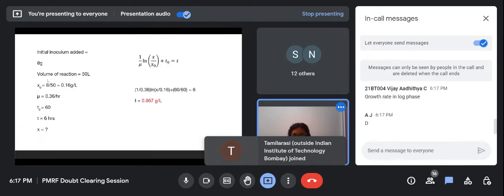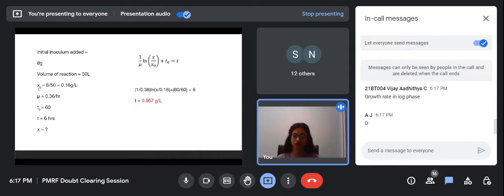The initial concentration of cells is not given directly; they've given you a lump sum, 8 grams and 50 liters, but that is not the concentration. So to get the concentration, you will have to divide 8 by 50. So you have 0.16 gram of cells per liter.